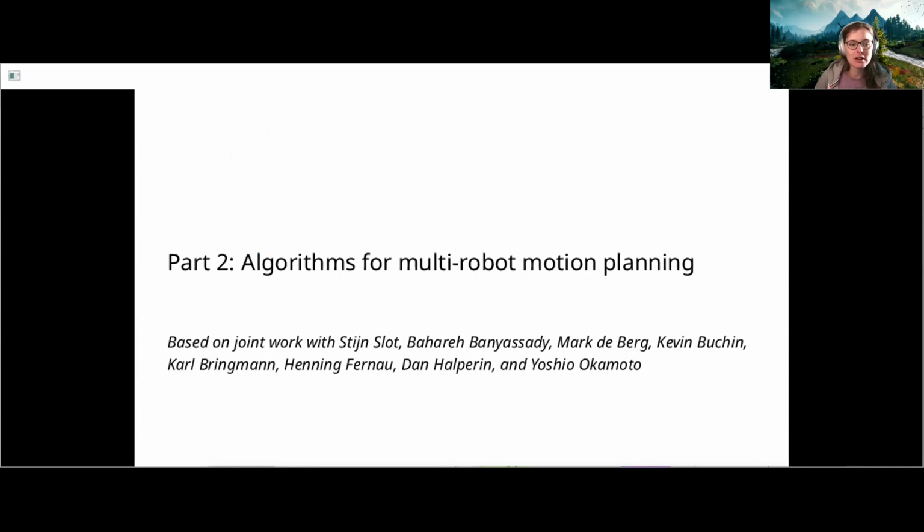And now I'm going to talk about actually developing algorithms for multi-robot motion planning for disk robots. This work was initiated at a workshop where a lot of people came up with a lot of ideas and preliminary results.